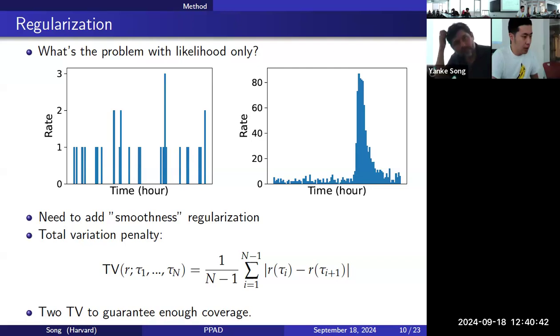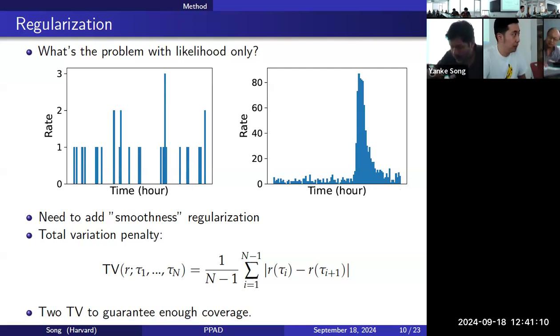You'll see later that this type of very strong signal is not going to be smoothed out. Obviously, you need to tune the parameters, like how much weight you put on the penalty. But with some careful tuning, you'll see later that these variations on the left can be smoothed out, but this type of important variation remains.